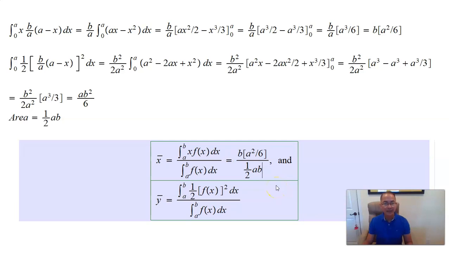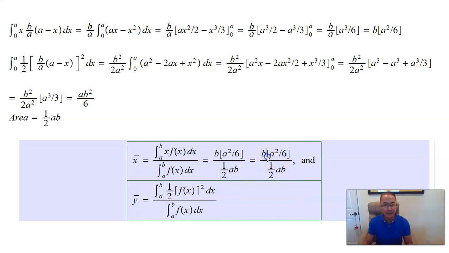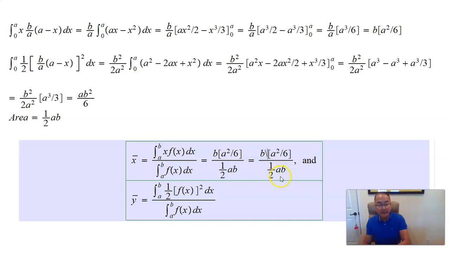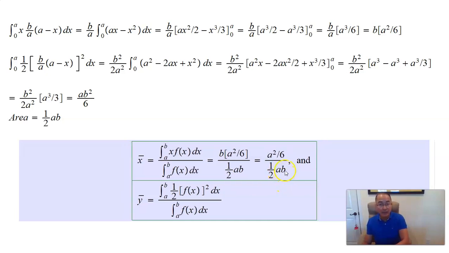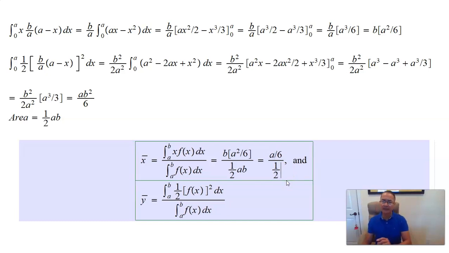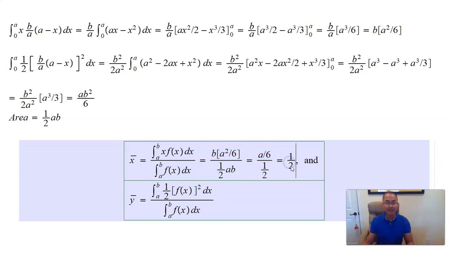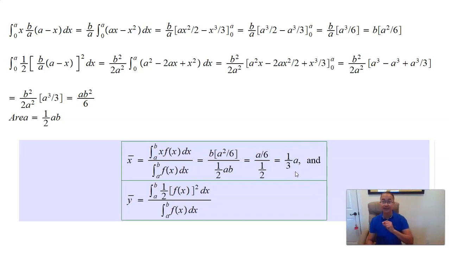So what's going to cancel? The b's are going to cancel. One of the a's is going to cancel. So let's do that slowly. Go away b, which means that the brackets can go away. Go away b, and then one of the a's will go away. Goodbye and goodbye. Okay, so we have 1/2 in the denominator, flip it up as 2 in the numerator, 2a over 6. Ooh, that is simply 1/3 of a.